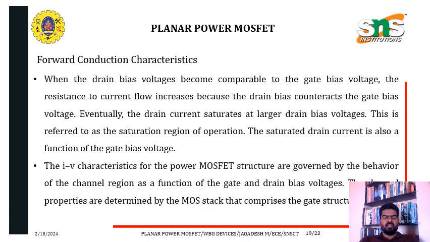When the drain bias voltage becomes comparable to the gate bias voltage, the resistance to the current flow increases because the drain bias counteracts the gate bias voltage. The IV characteristics of the power MOSFET structure are governed by the behavior of the channel region as a function of the gate and drain bias voltage.